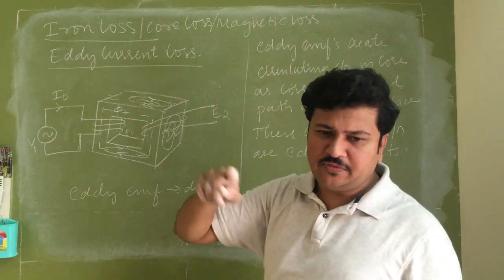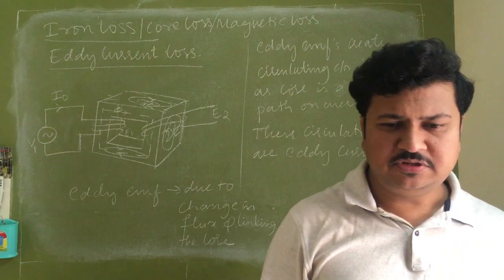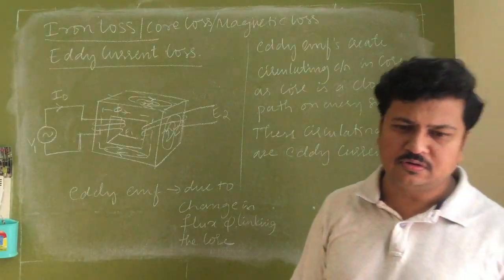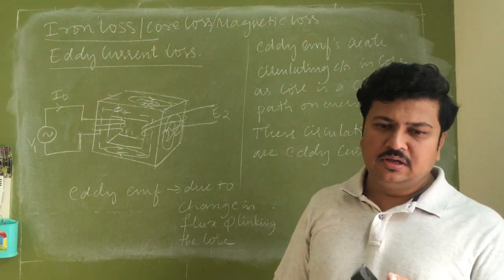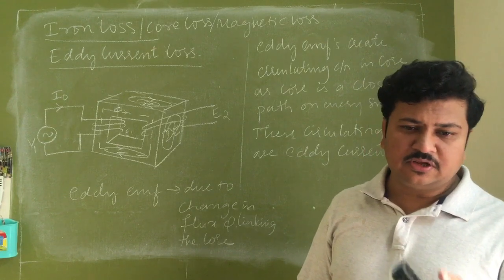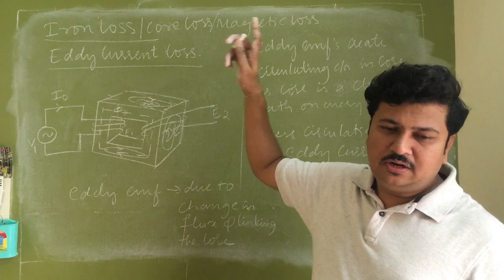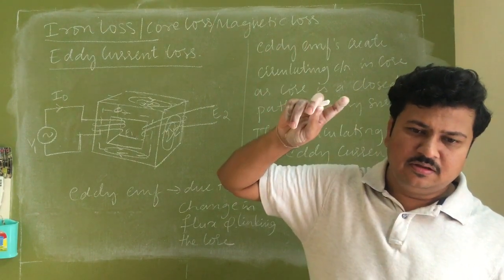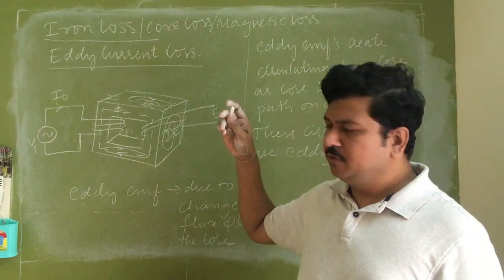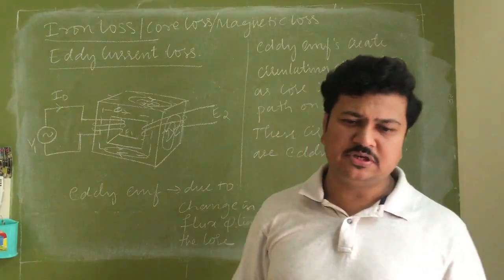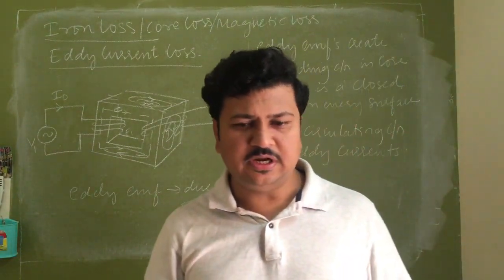With the existence of eddy currents in the core, which are flowing against the resistance of the core, the temperature rise of the transformer will increase. It will increase the heat of the core. And just observe, if you continuously operate any electrical machine for 1 hour, it is sufficiently heated.